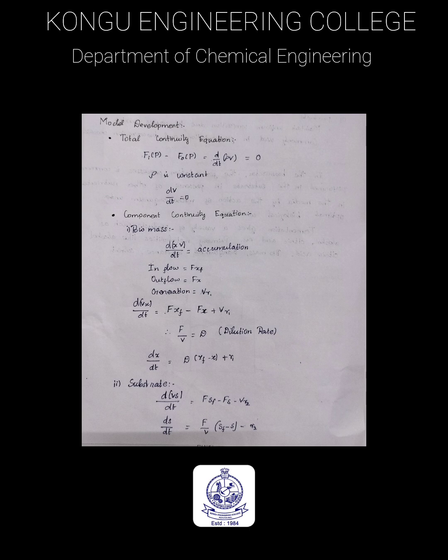Fi is the volumetric flow rate of the inflow, F0 is the volumetric flow rate of the outflow, Rho is the density which is assumed constant, V is the volume that is also assumed as constant. Since Rho is constant, this is the equation that we have simplified.